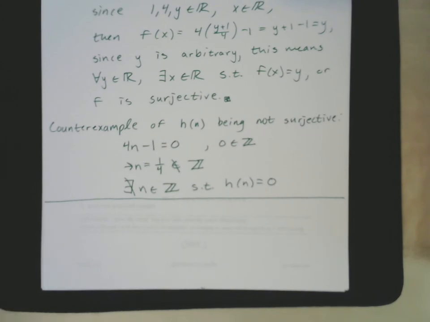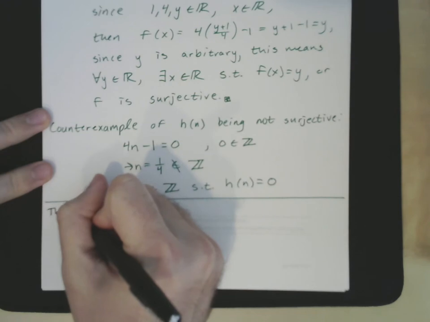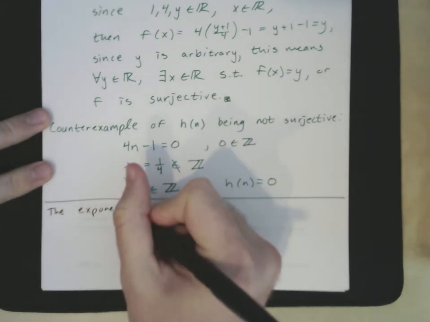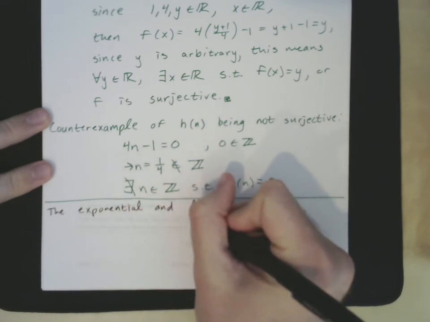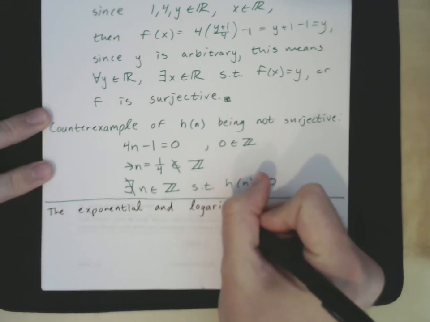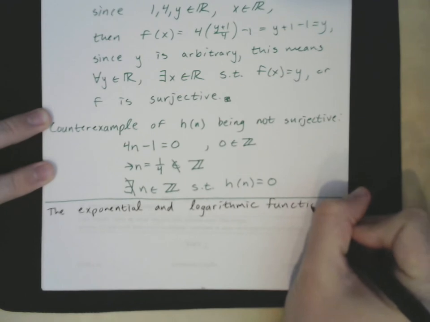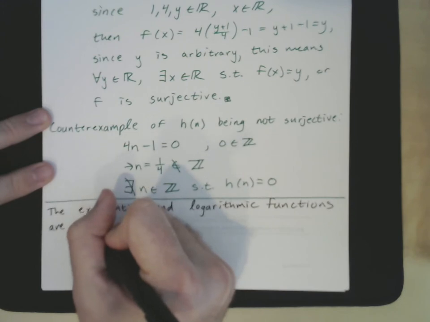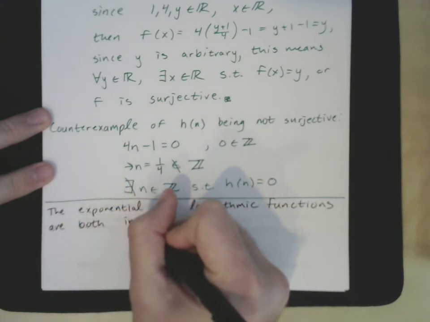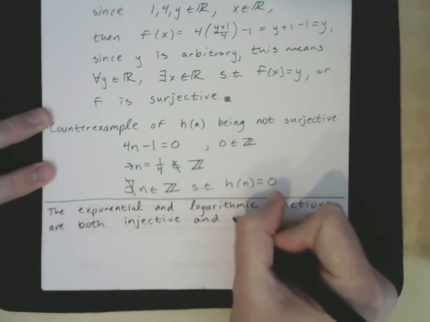So a couple quick things to note that we're not going to prove here, but you'll need in your homework for a few problems, is that the exponential and logarithmic functions are both one-to-one or injective and onto or surjective.